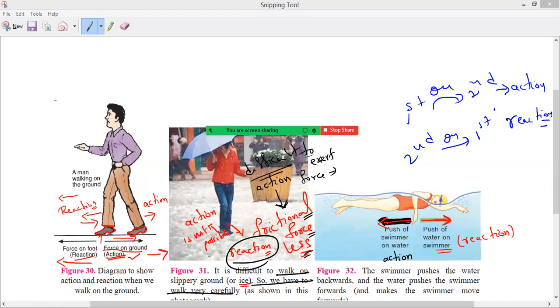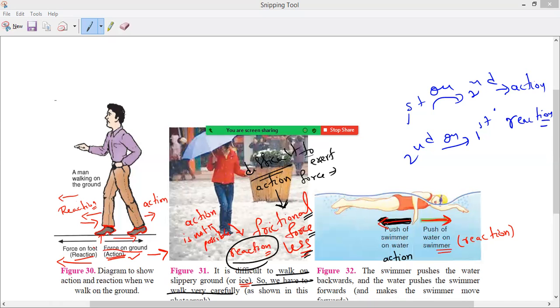You can notice that when I fire the gun, the force acts in the forward direction; that is the action. So the bullet exerts the opposite force on the gun. That is what we call reaction. So action and reaction do not have any particular direction; they may act in any direction.